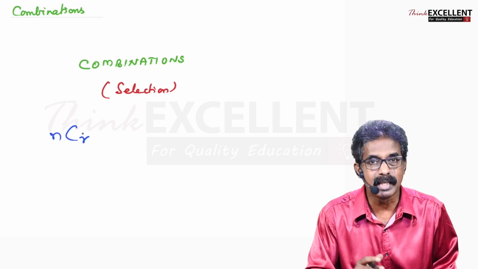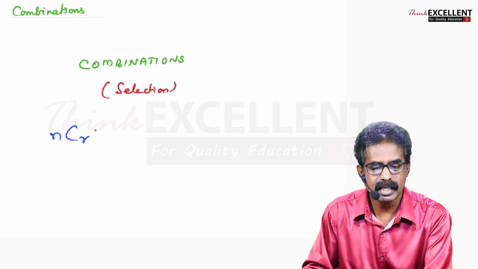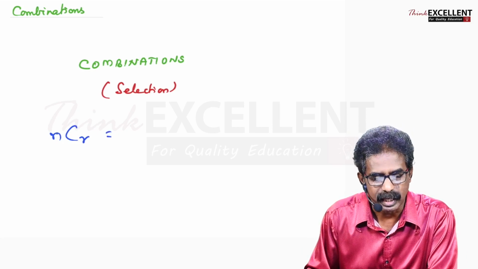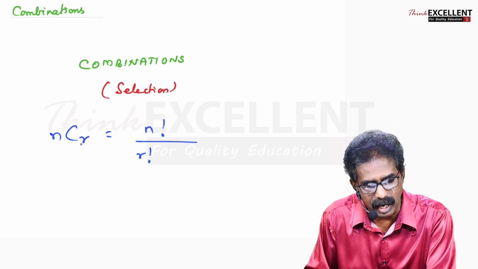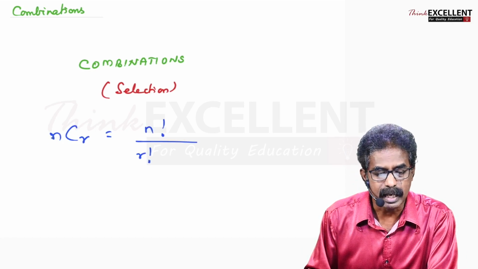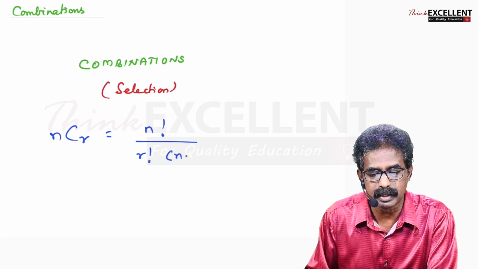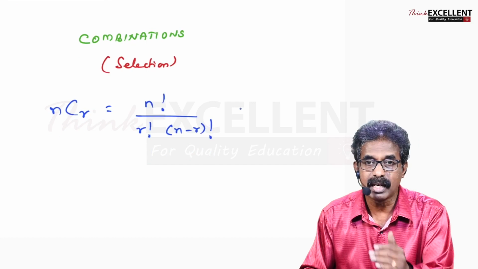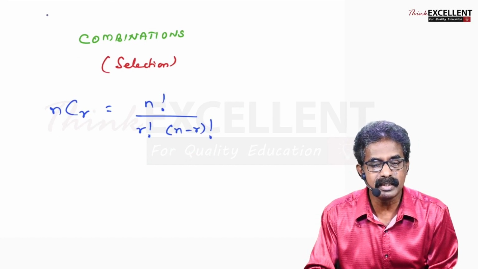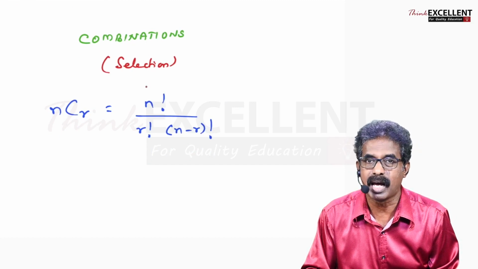n factorial by (n minus r) factorial. But for nCr, the formula is n factorial by r factorial into (n minus r) factorial. You can remember it easily. In the denominator, (n minus r) factorial. Permutation, n factorial by (n minus r) factorial. There is a relation between permutation and combination.